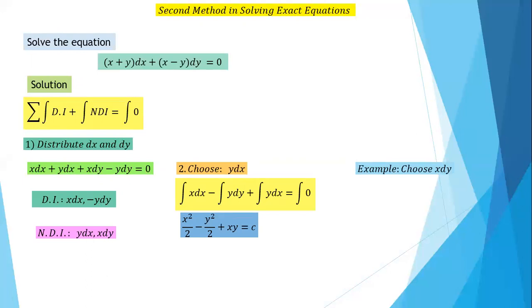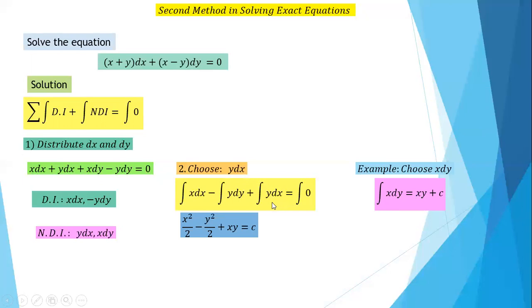Or, for example, we choose x dy instead of y dx. Still, if we integrate x dy, we still have xy plus c, the same answer as if we integrate y dx. Since if we integrate x dy, holding x constant, we have the integral of dy, which is equal to y.